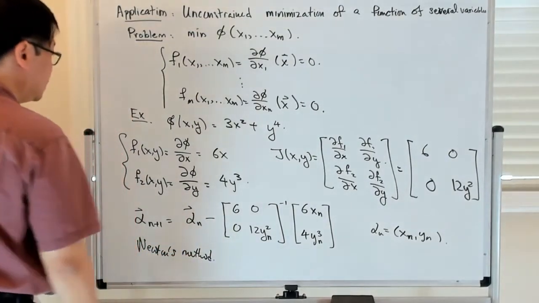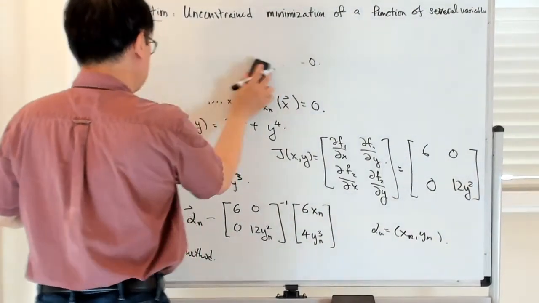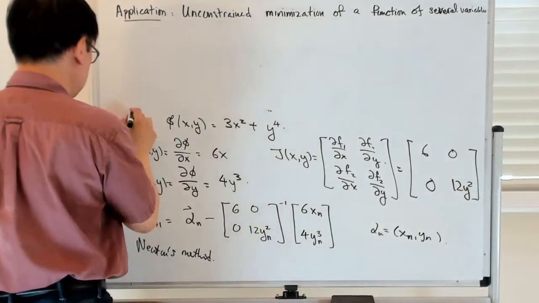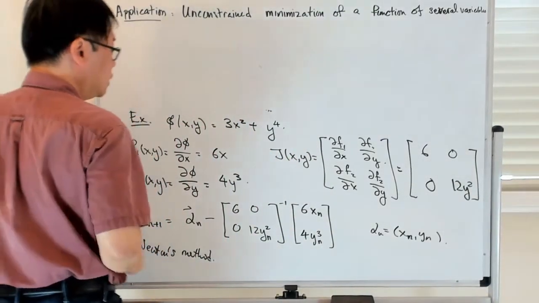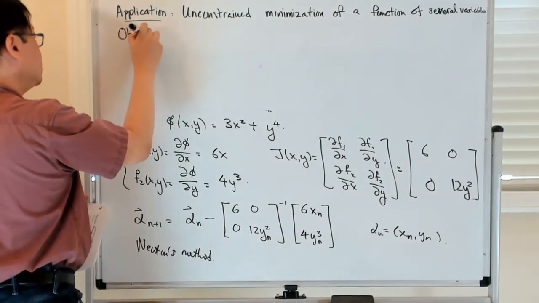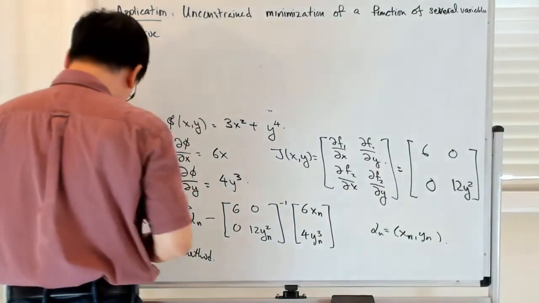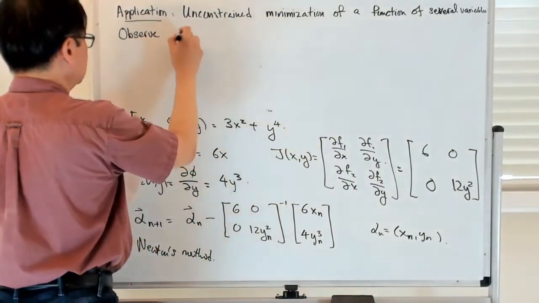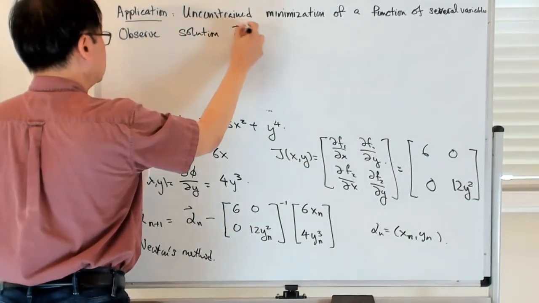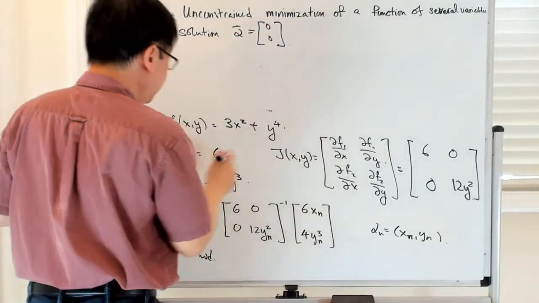Let's say something about the convergence rate for this. You can observe that the solution, the minimizer, is just at the origin. So you can look at the Jacobian at that point.